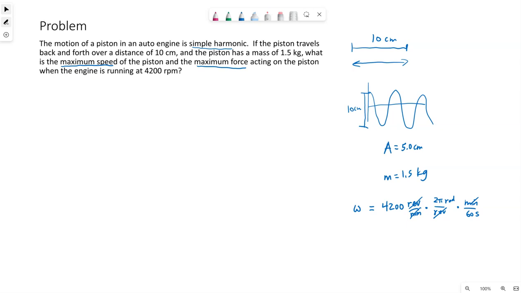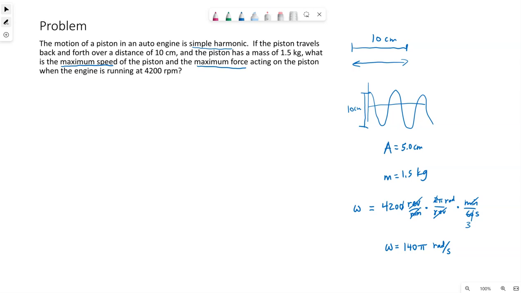So let's see. One of the zeros cancels. 2 goes into 6 3 times. 3 into 420. So we have omega is 140 pi radians per second. So we have 3 pieces of information.